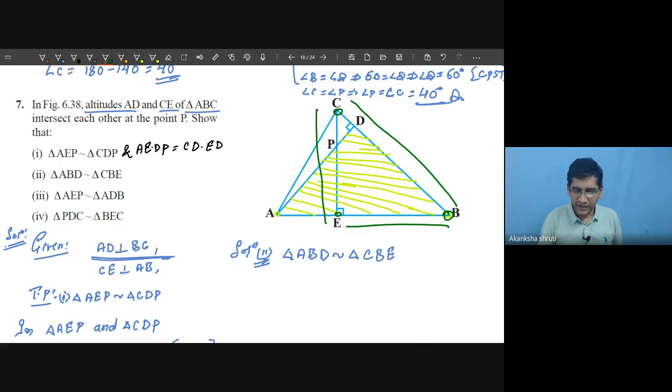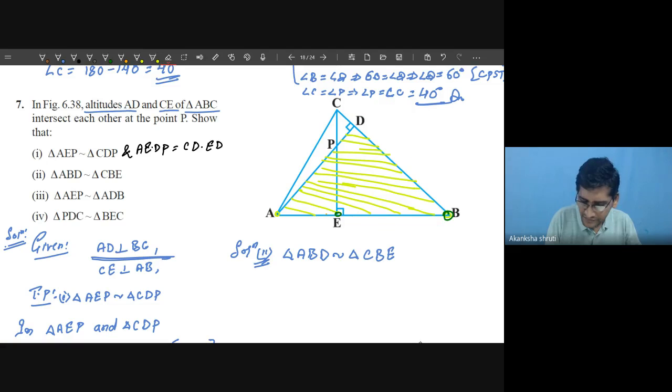So in this case, I need to consider the triangle like this. Let me hatch this triangle also.